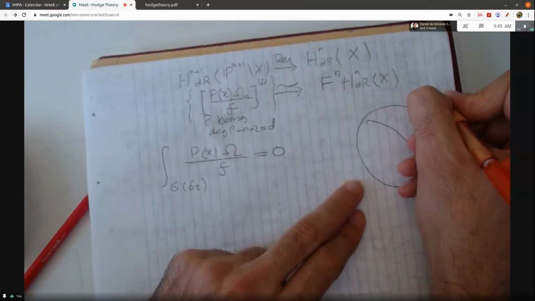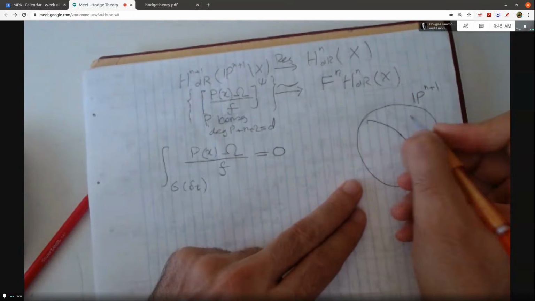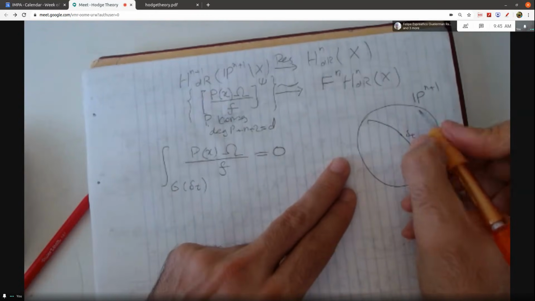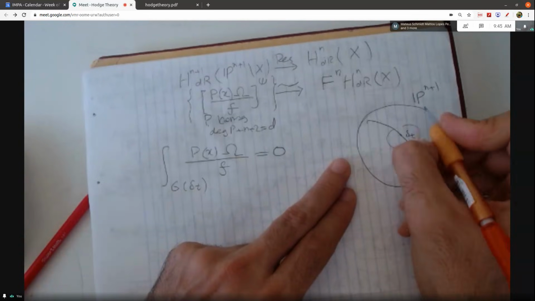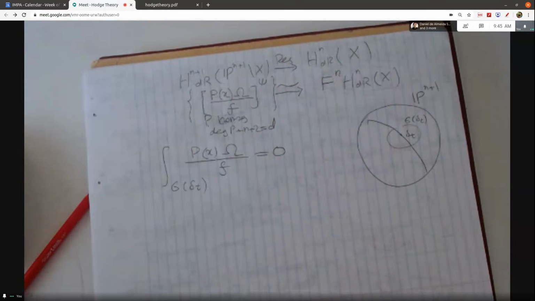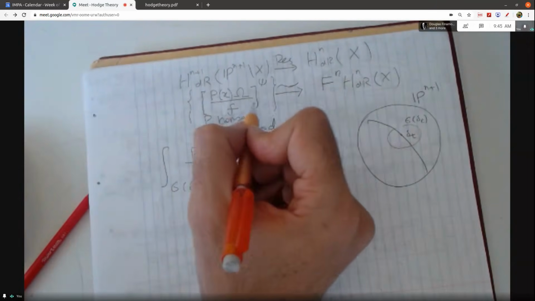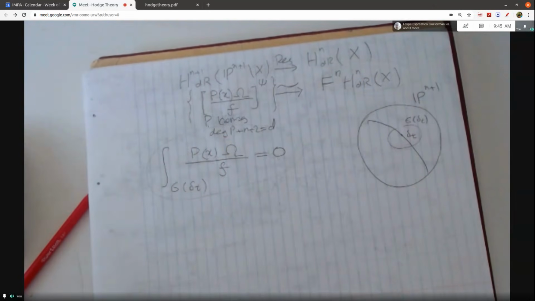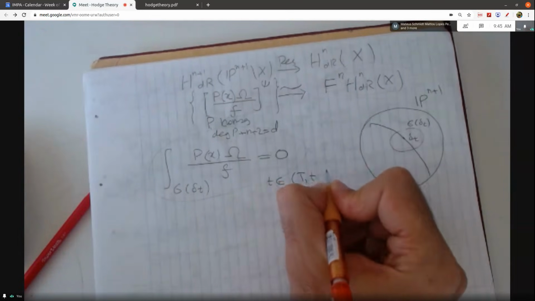This is P^{n+1}. Soon I will go to the n equal to 2 case, but most of the things can be written in general. So delta t was here. Remember that in this Gauss-Manin sequence, we were just thickening delta t, and we get this sigma delta t. And well, using this part of Griffiths theorem, we land on this: all these integrals are 0 for all t in some small neighborhood.